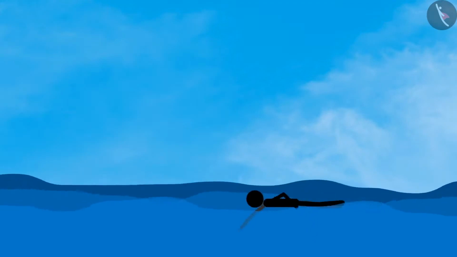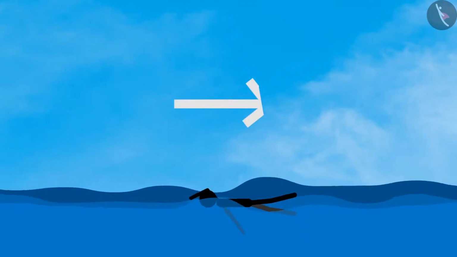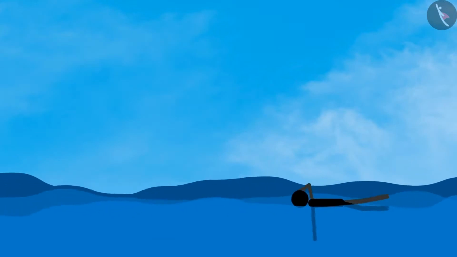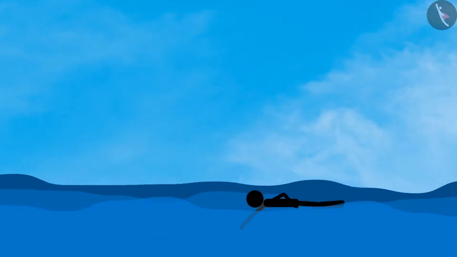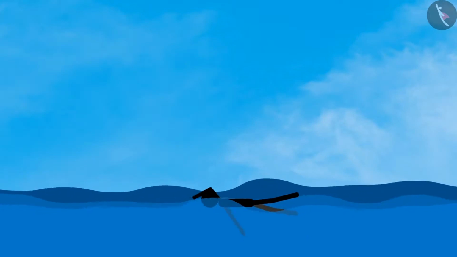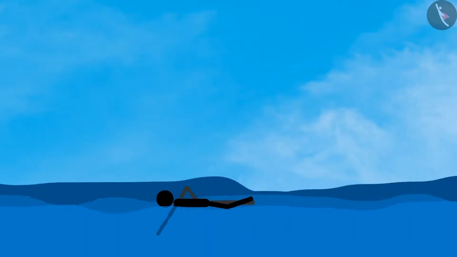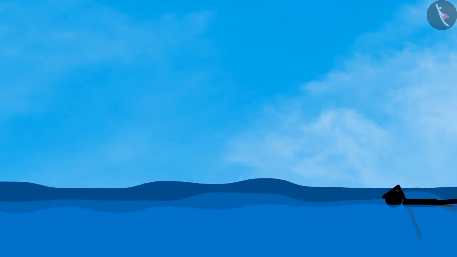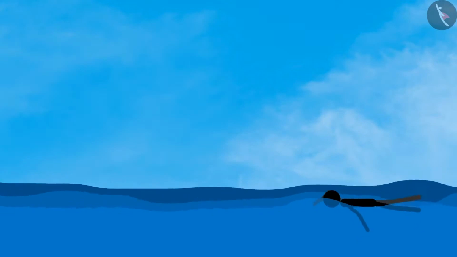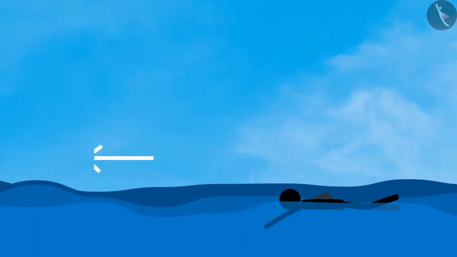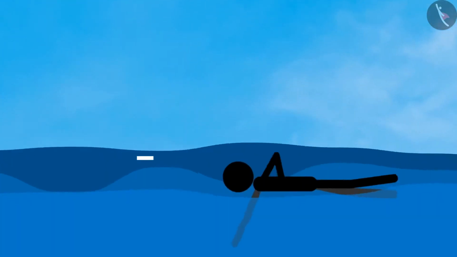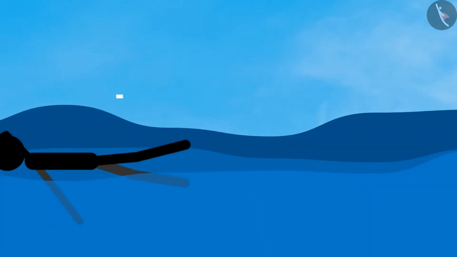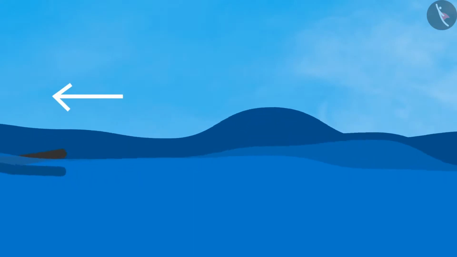No, you need to exert a force in the direction opposite to the direction of swimming. That is, you need to push against the water to move in the forward direction. When you push against the water, the water exerts an equal and opposite force on your body. That is, the water pushes you back such that your body moves in the forward direction.